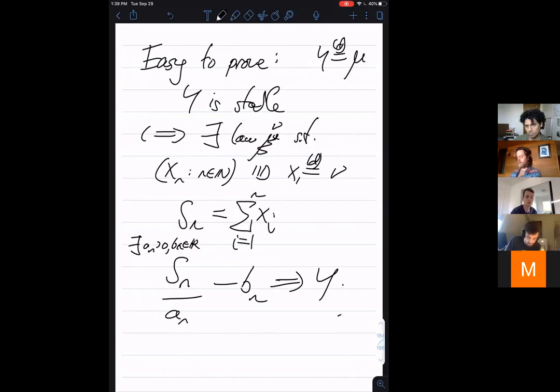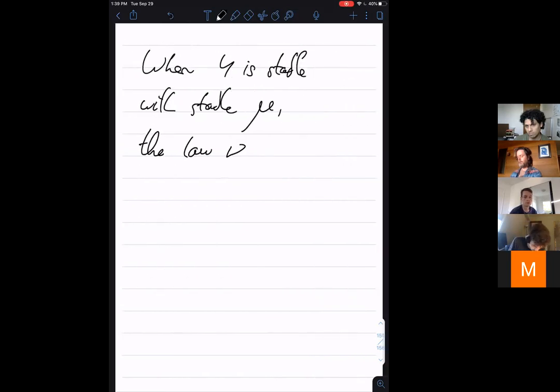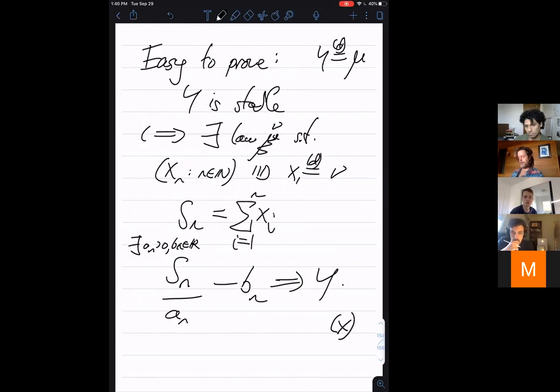If I label that star, it's the law of... so right, okay, so if Y is stable with law mu, then the law mu is playing the role in this star distributional convergence.